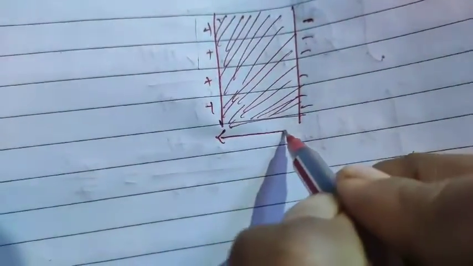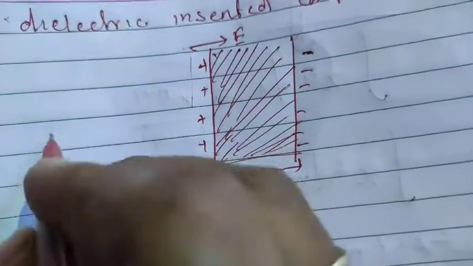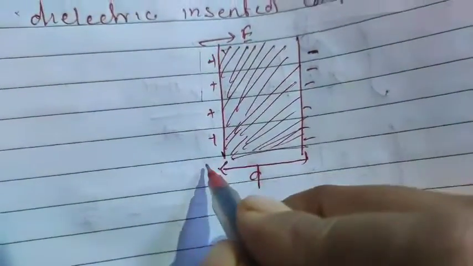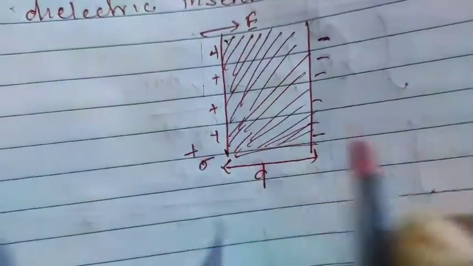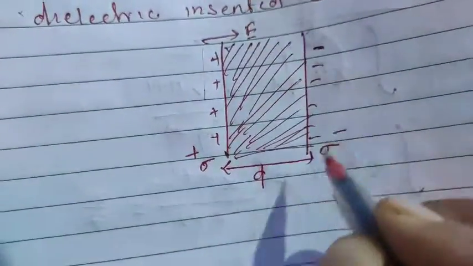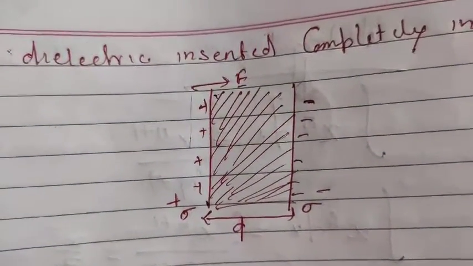Now you can consider the distance as d, students, and here the electric field is flowing like this. Now the positive charge density is sigma for the positive plate, and the negative charge density is minus sigma for the negative plate. Clear?